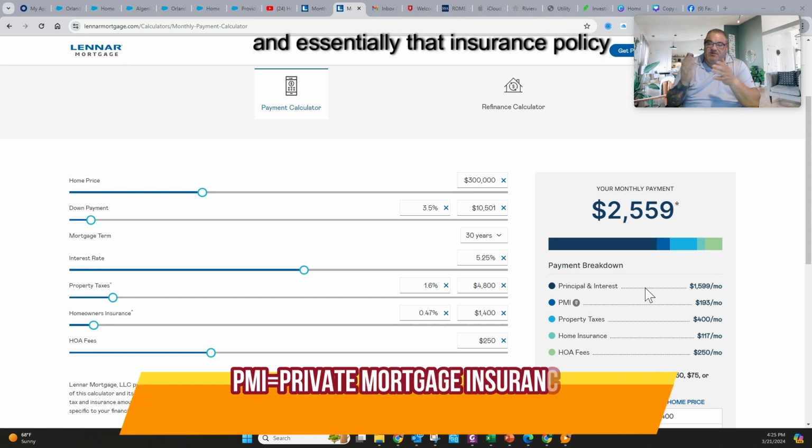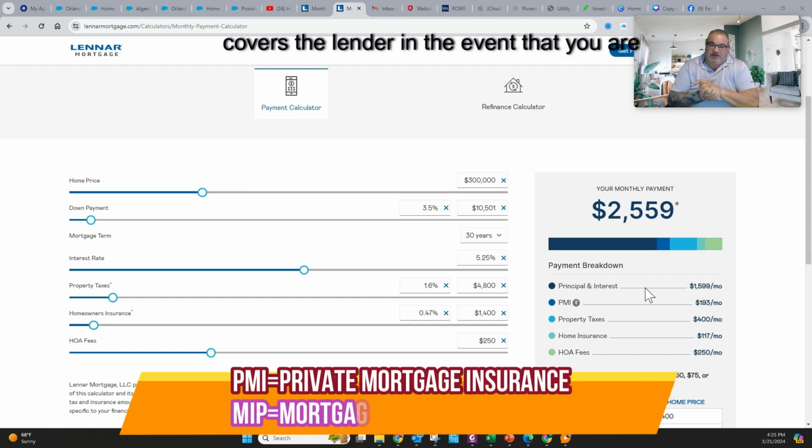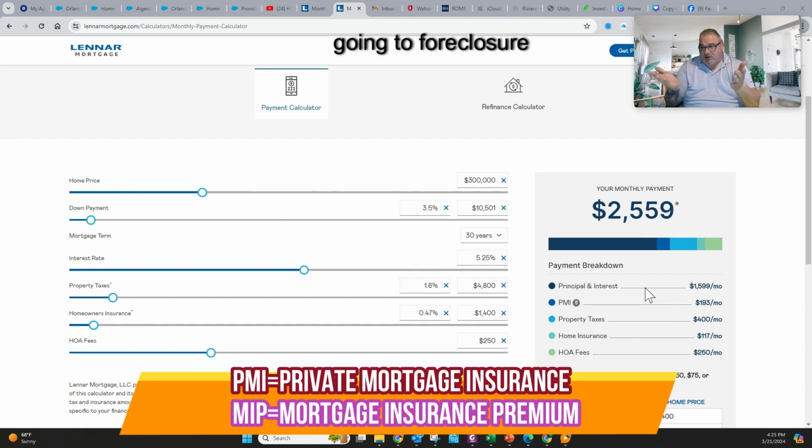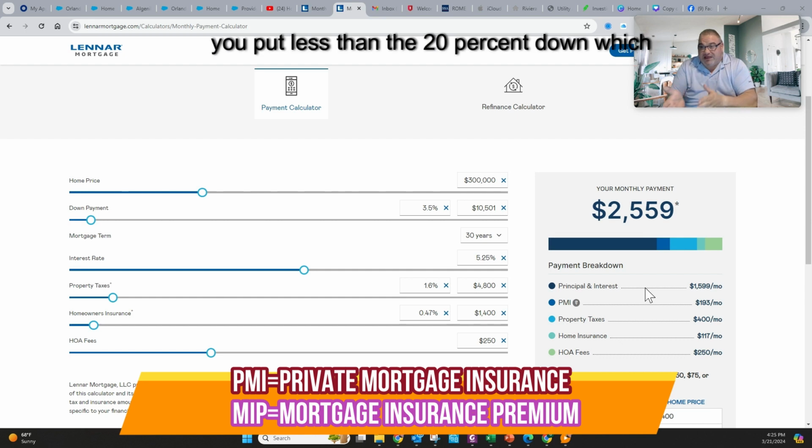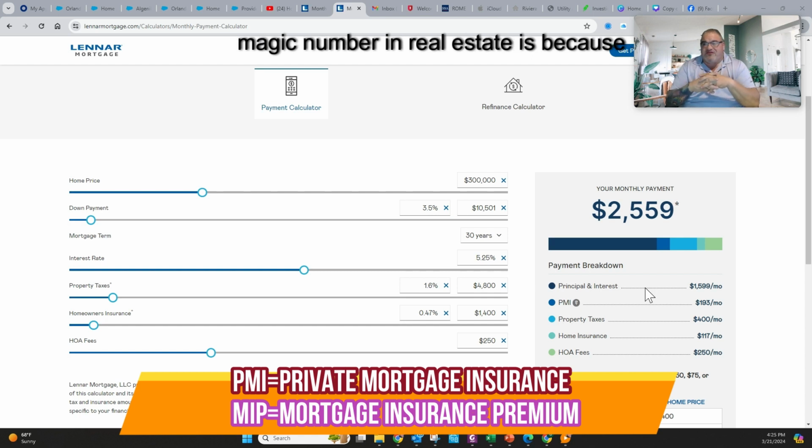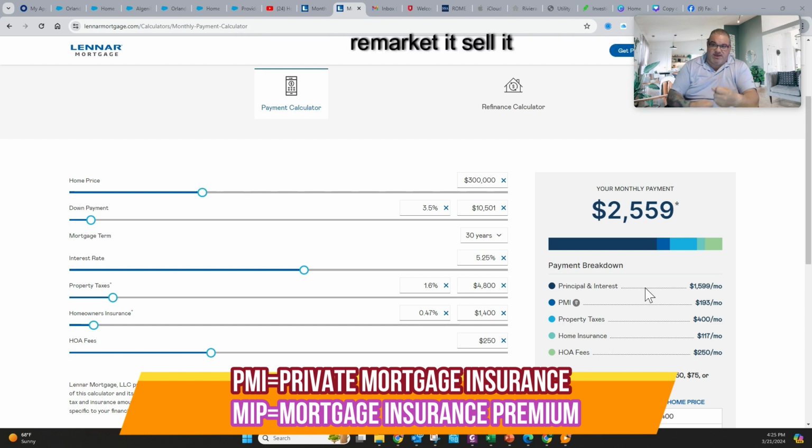Essentially, that insurance policy covers the lender in the event that you go into foreclosure. You put less than the 20% down, which is the magic number in real estate. The reason it's the magic number is because that's exactly how much it costs the lender to foreclose on a property, take it back, remarket it, and sell it to recover their money.